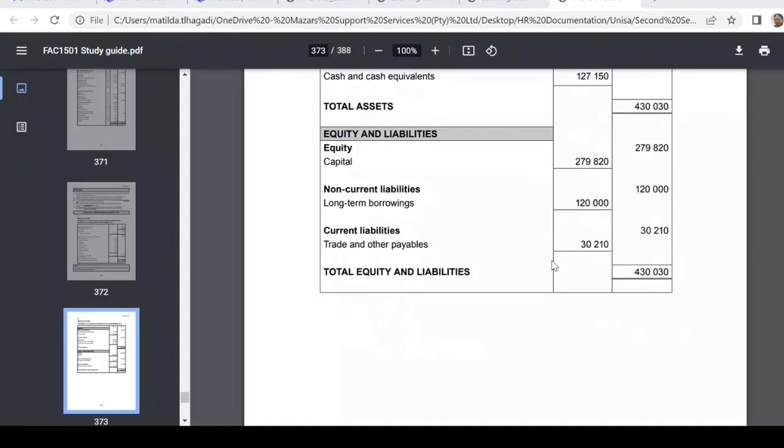And let's look at capital. How do they get to capital? So for capital, they took the balance from the trial balance, which is 250,000, minus drawings, and then plus the profit.